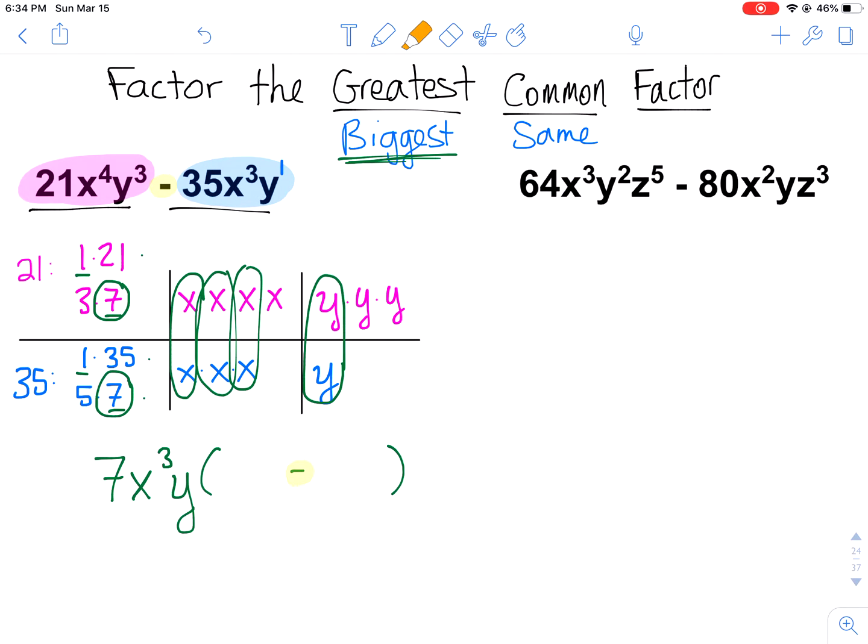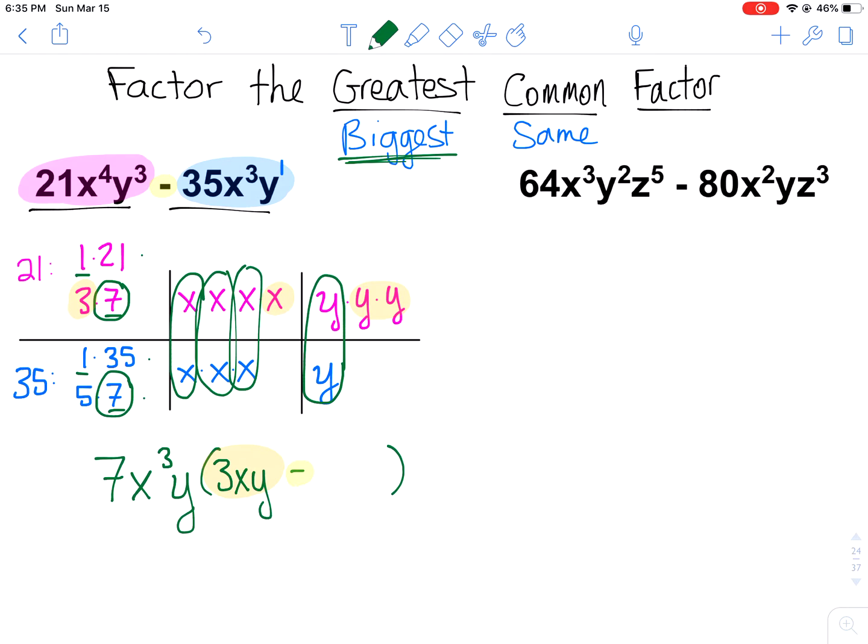If we divided 21 by 7, we would have a 3 left over. And if we took 3 x's from 4, we would have 1 x left over. And it looks like we have 2 y's left over as well.